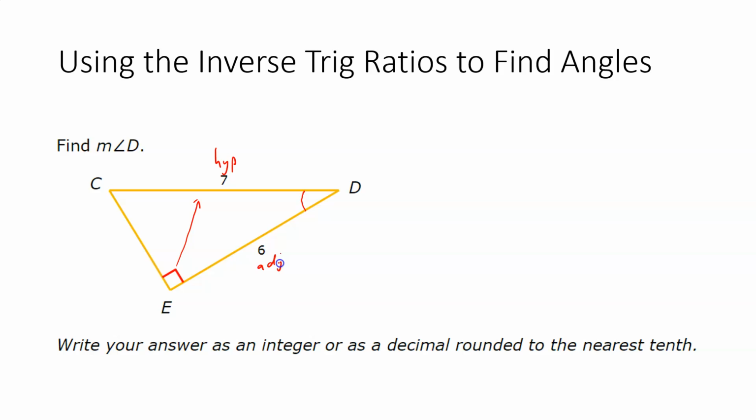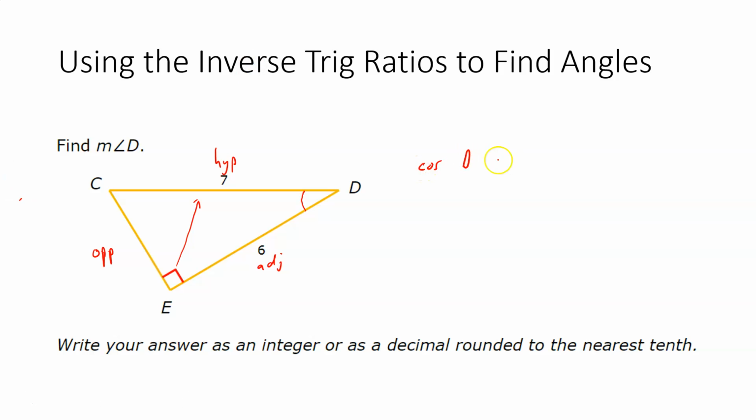Over here is going to be adjacent because it's touching this angle. And over here is going to be opposite. I've got adjacent and I've got hypotenuse. So think about what ratio we should use there. We should use cosine.